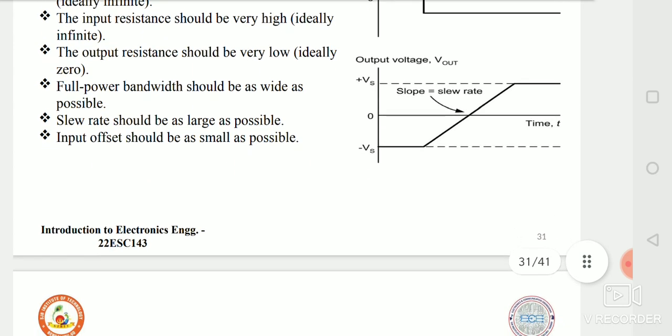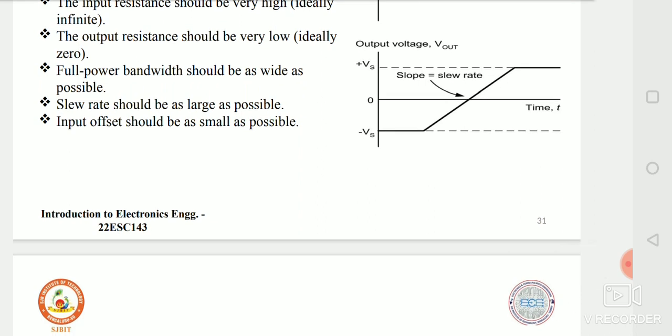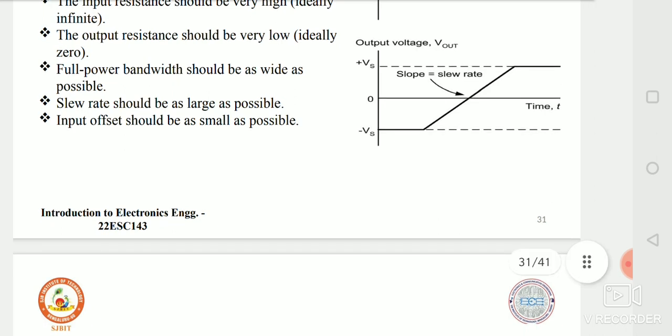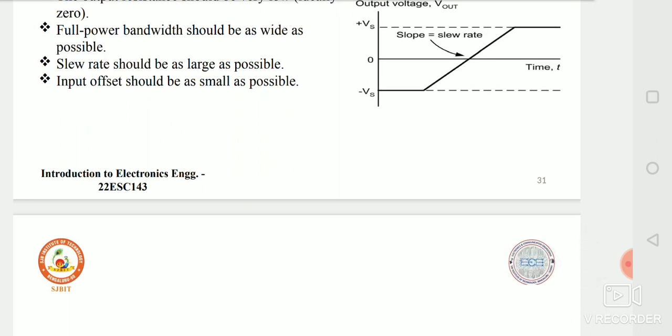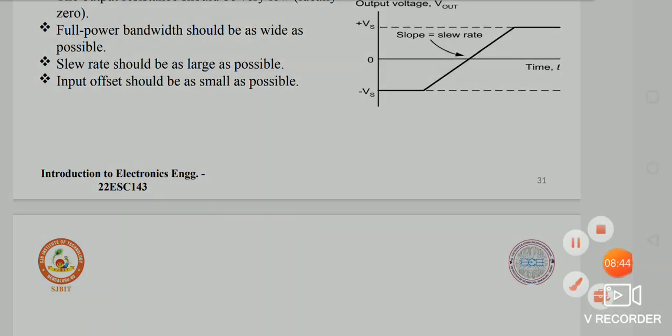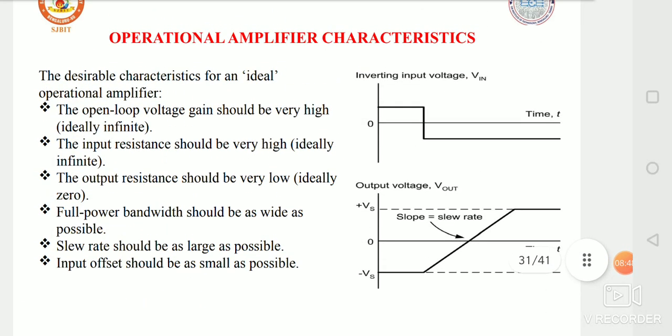Full power bandwidth should be as wide as possible, infinity. Slew rate should be as high as possible, and input offset should be as small as possible. So these are the ideal characteristics of an op amp. For 8 to 10 marks, they will ask for the ideal characteristics of an op amp.